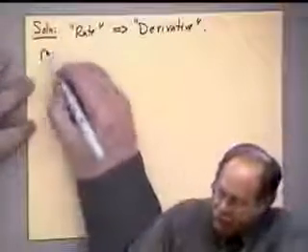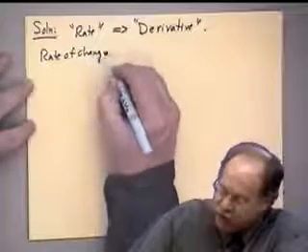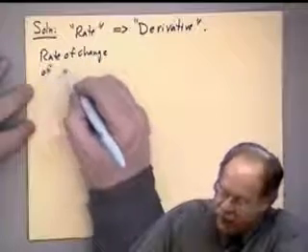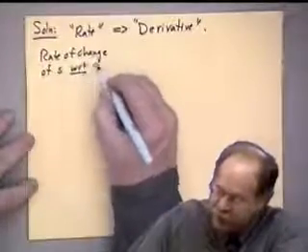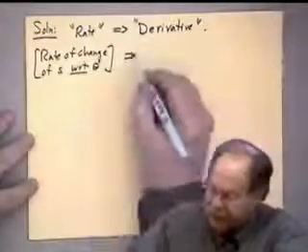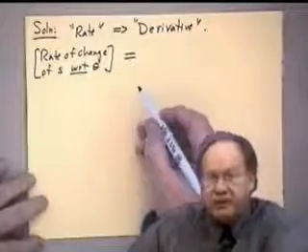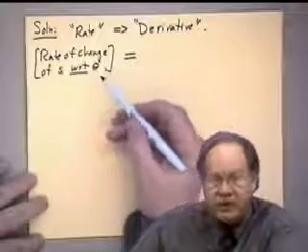Then we are interested in finding the rate of change. There's that derivative again. The rate of change of S, the length of the shadow, with respect to theta, the angle. Now we have notation for that, and it's always wise at the beginning of these problems to write this down in proper notation. How do we write rate of change of S with respect to theta?